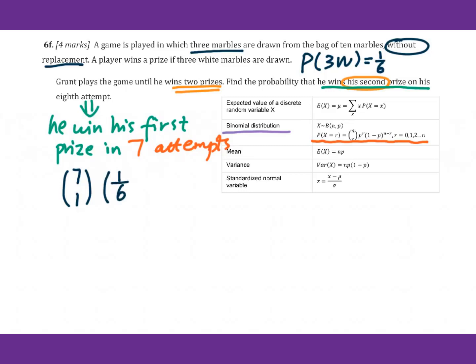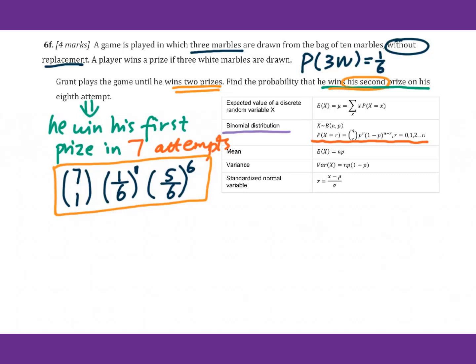Winning is 1 over 6, losing will be 5 over 6. Since he only wins once, this is a 1 and here will be 6. This will be the probability for winning his first prize in 7 attempts.